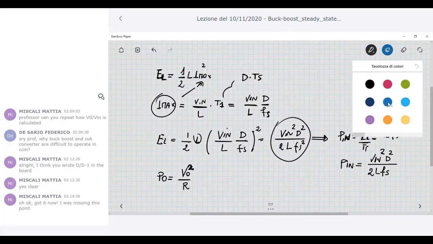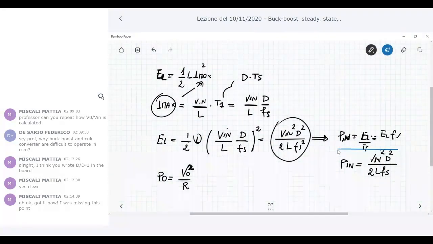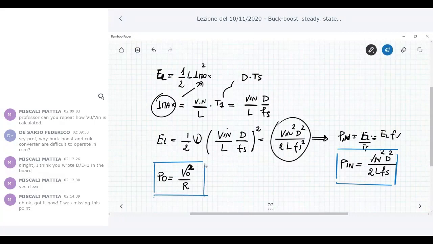Okay, so this is the input power, and this is the output power. The two are the same, because the input power computed as the energy provided to the inductor should be the same as the output power, since the inductor is completely discharged. So we can say that P naught is equal to P in.